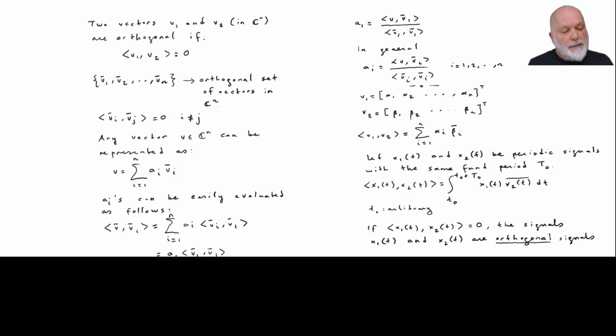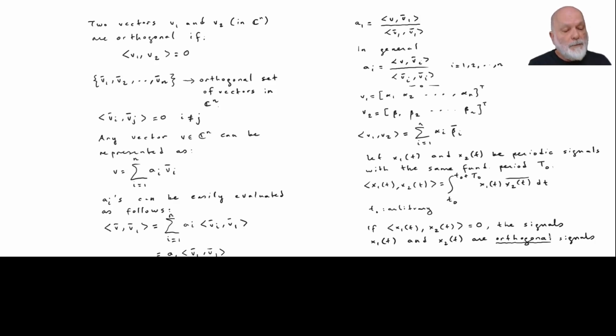Okay, now we are ready to go back to the Fourier series expression. In the Fourier series expression, we have a periodic signal expressed as a superposition of the complex exponential signals.